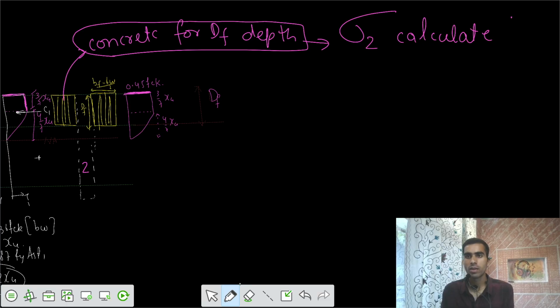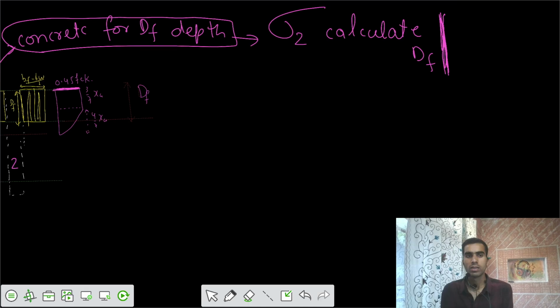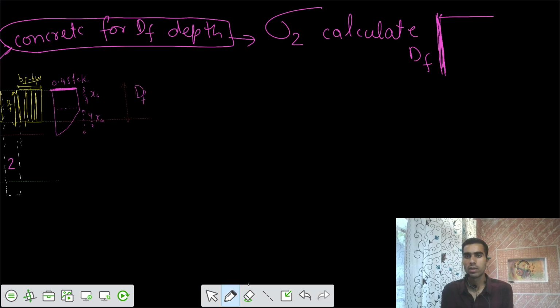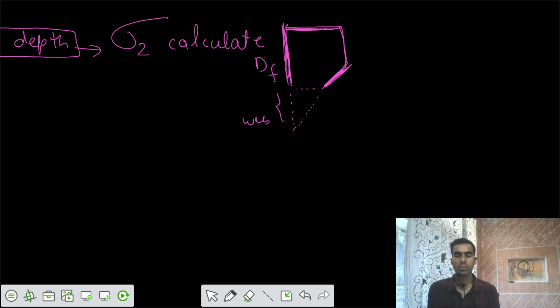If this is some depth of DF, and the variation is somewhat in this fashion, that's the stress variation we have. After that, in the web portion it becomes 0. This part is web. We don't care about the web. We are worried about that DF part. We have this diagram. Can you get the area of this diagram? One is your rectangular part and one is your parabolic part.